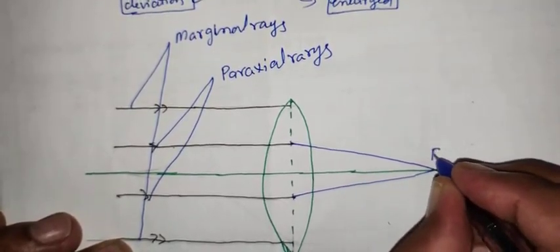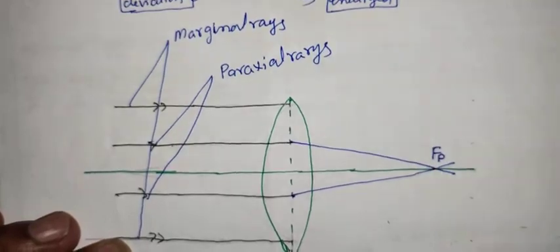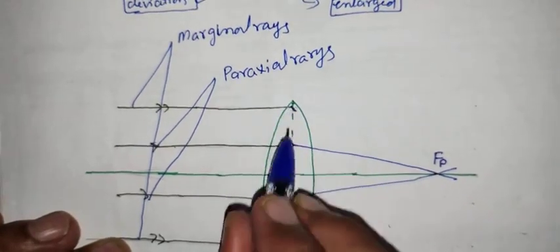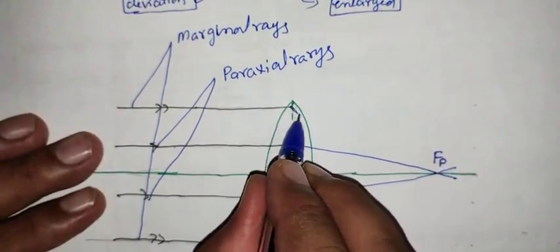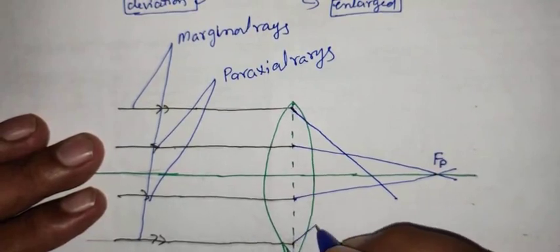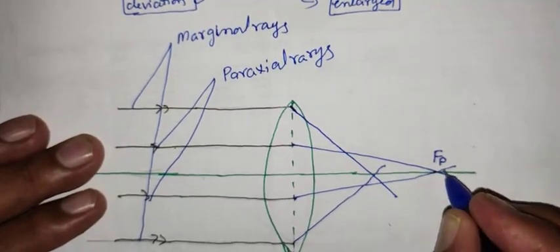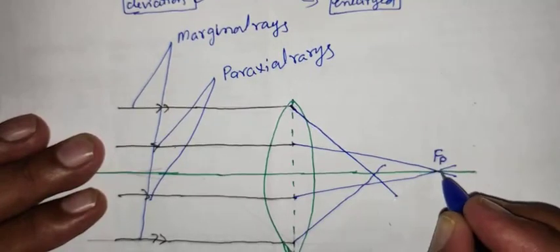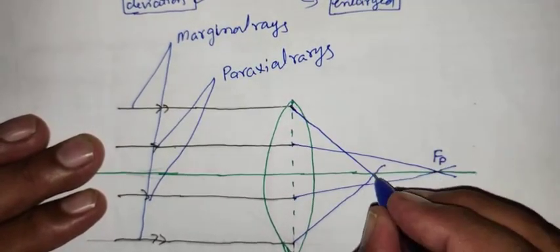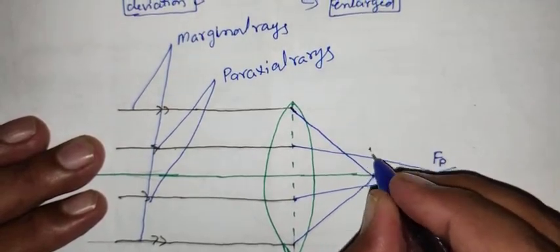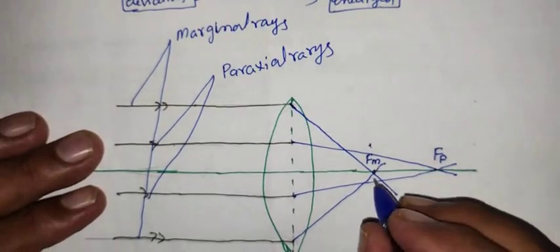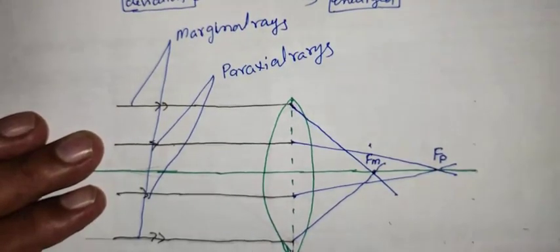This point is known as focus for the paraxial rays, FP. The marginal rays meet some distance earlier, before the point FP. This is known as focal point for marginal rays, FM. There is a large gap between both.